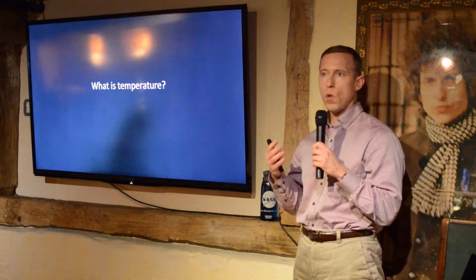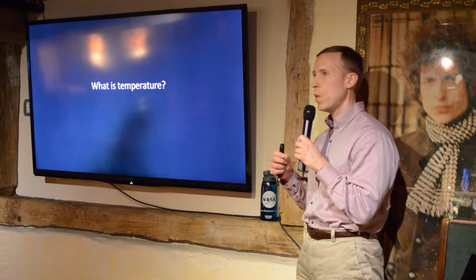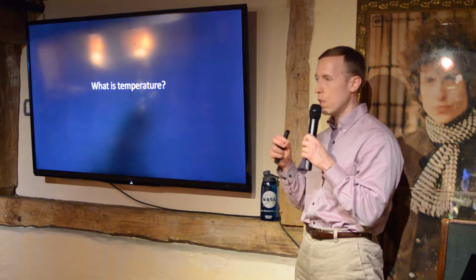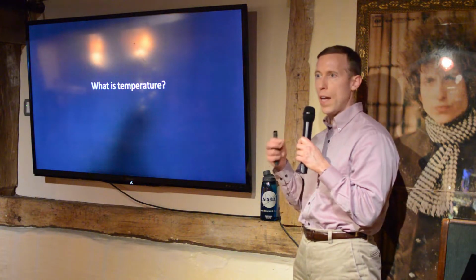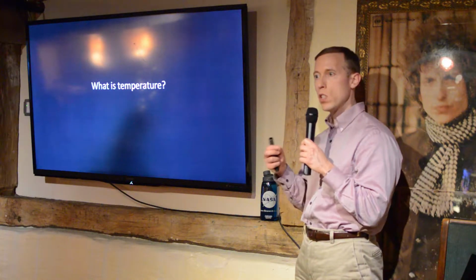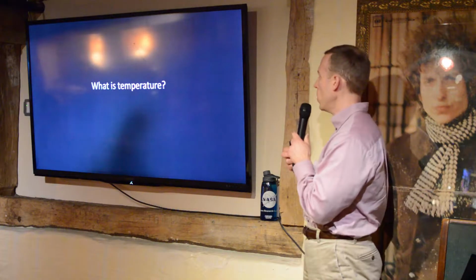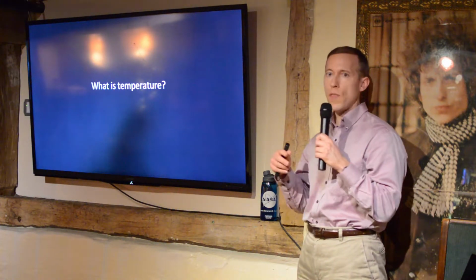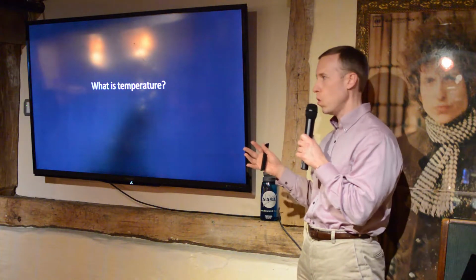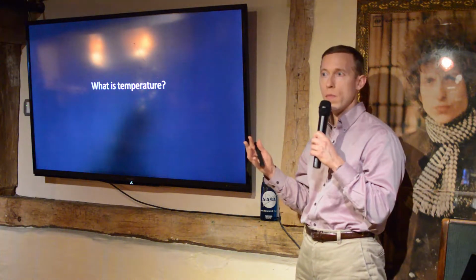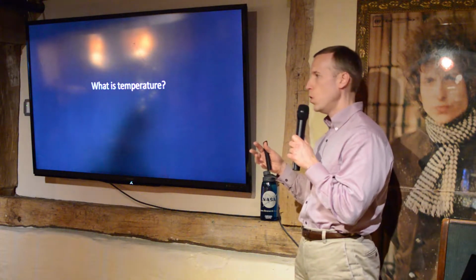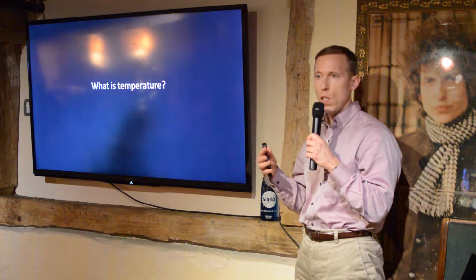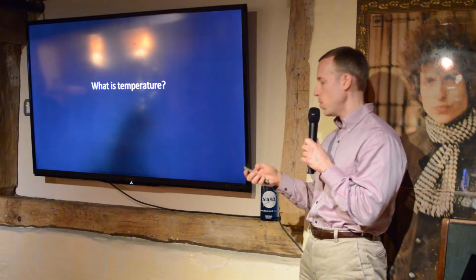Now, to begin to explore the origins of the elements, we need to examine a few pieces of physics related to atoms. And the first question we need to answer is, what is temperature? What does temperature mean? So, for instance, if I say that air in this room is cold, what does that actually mean? Well, temperature refers to the energy of motion, or the kinetic energy, of atoms.